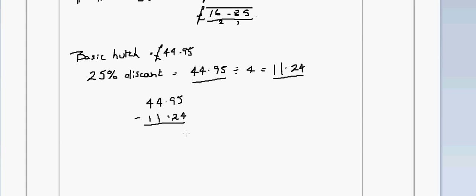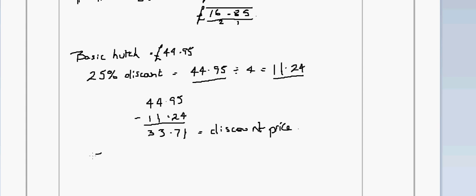So 5 take away 4 is 1, 9 take away 2 is 7, 4 take away 1 is 3, 4 take away 1 is 3. Okay, so it's not very tidy, I'm sorry about that, but this equals the discount price.